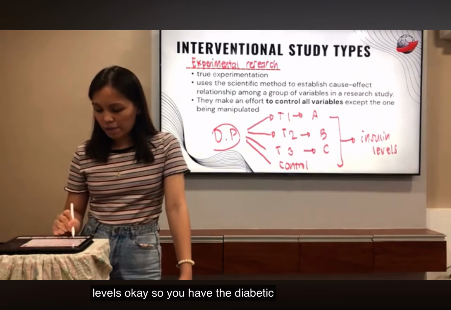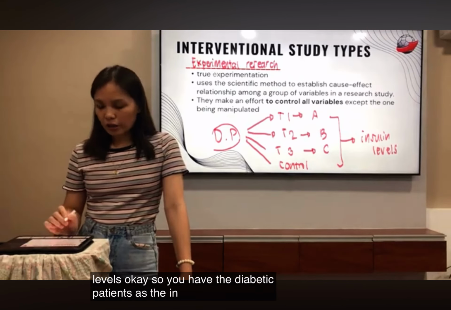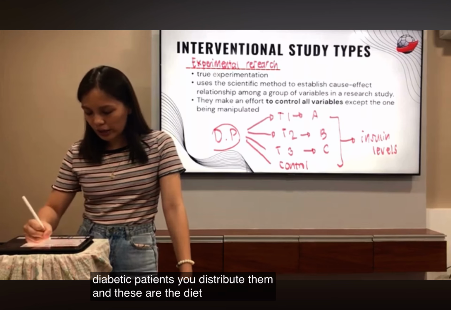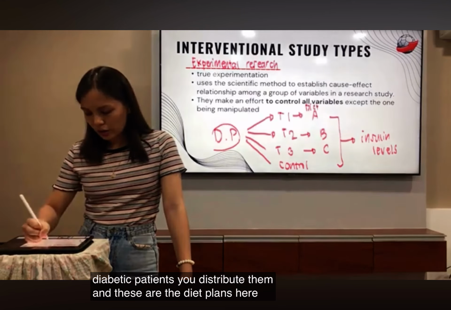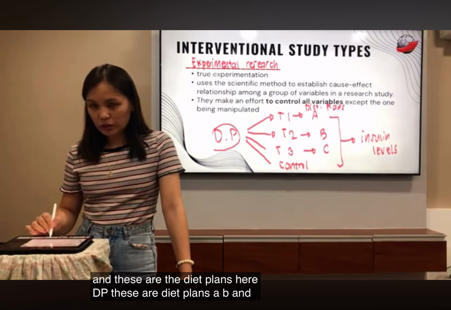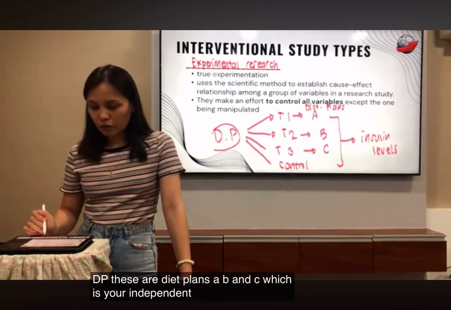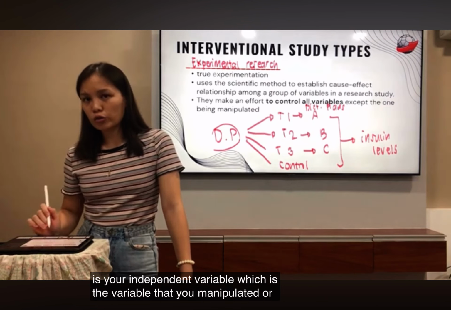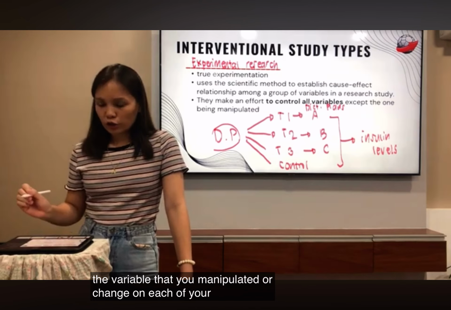So you have the diabetic patients, you distribute them, and these are the diet plans, A, B, and C, which is your independent variable, the variable that you manipulated or changed on each of your treatment groups.